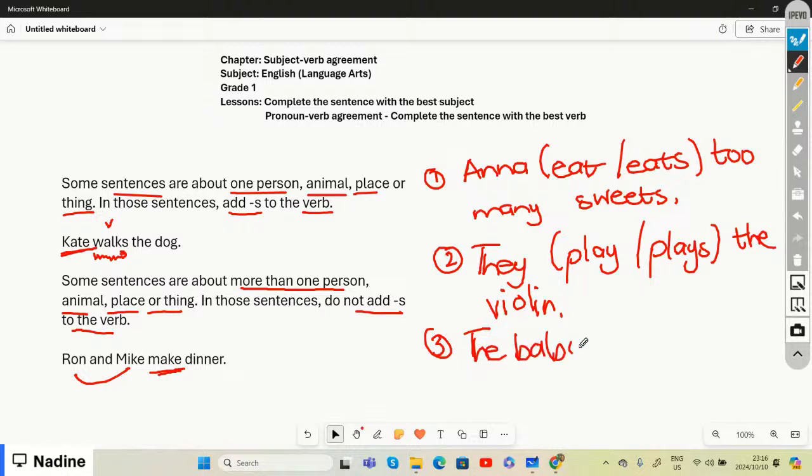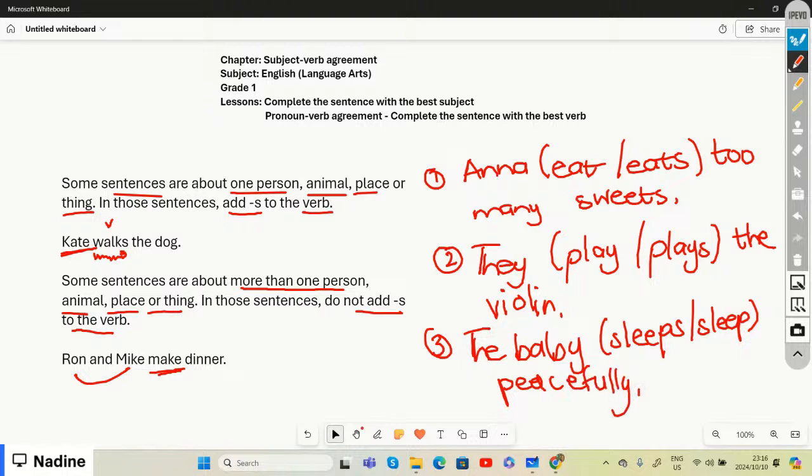The baby, do we say sleep, or do we say the baby sleeps peacefully? We now need to choose the correct option between brackets.